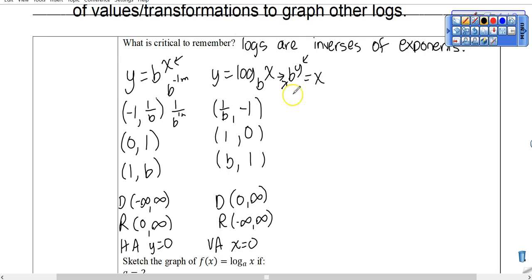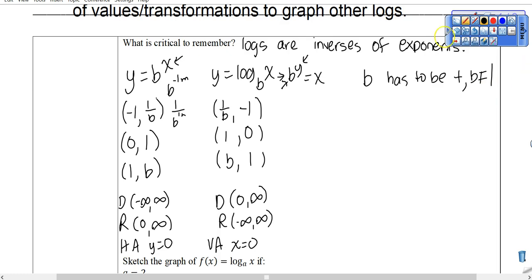So everything I'm doing right here is just showing you that logs and exponentials are inverses of each other. Okay? And then just remember these little rules. b has to be positive, and it cannot equal 1. Okay? So remember that.